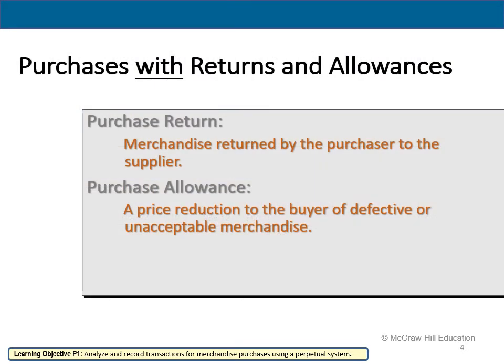Okay, so let's talk about purchase returns and allowances. So a purchase return is not unlike when you take something back to the store, right? The merchandise is returned to the seller, the supplier, and if it's already been paid for, the buyer is entitled to a refund.